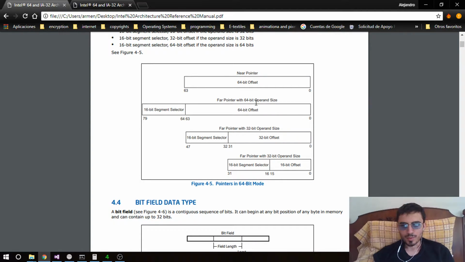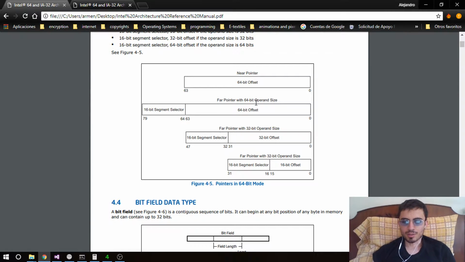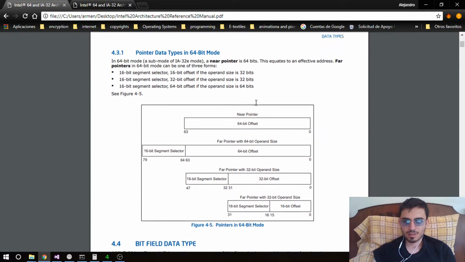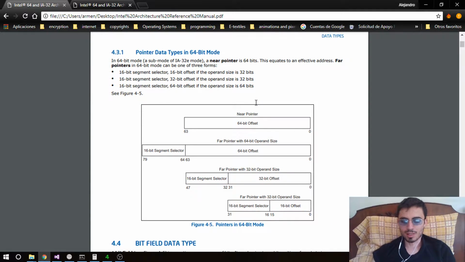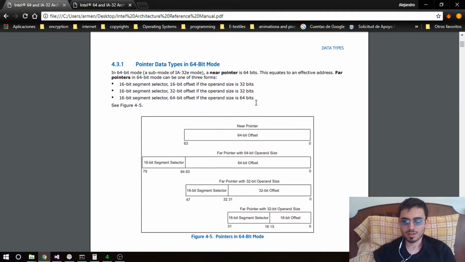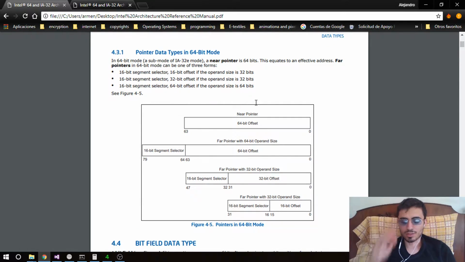So yeah, if you remember, the operand size defines the size for the address, and the different combinations apply to different sets of address sizes, with these different prefixes and the REX.W extension.